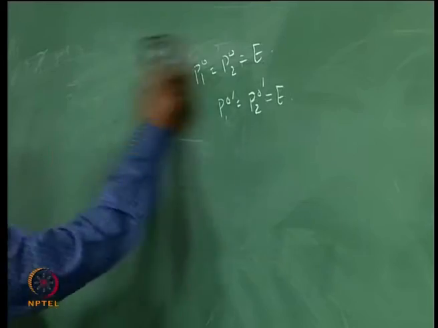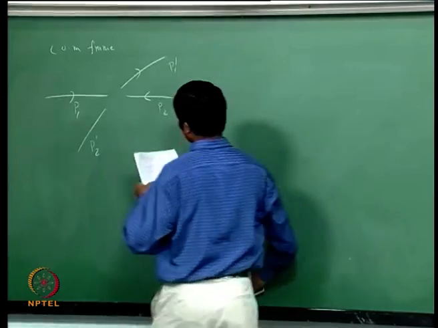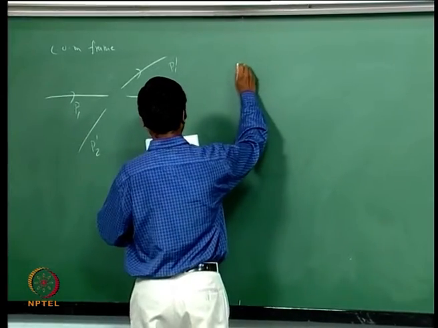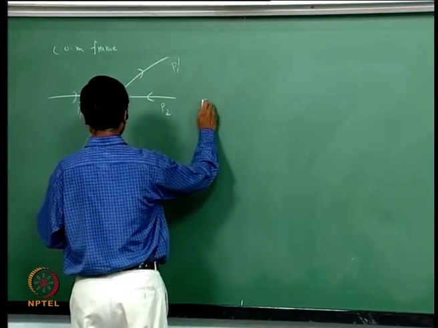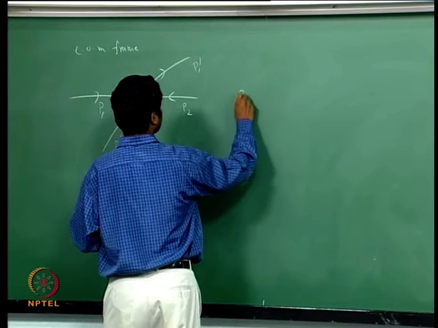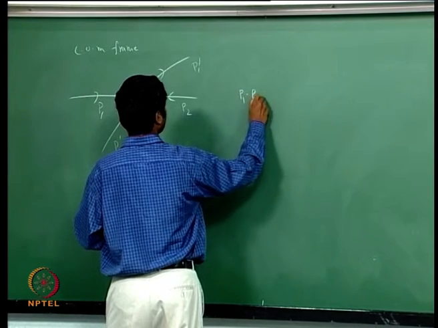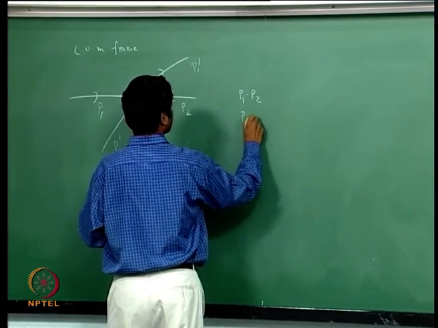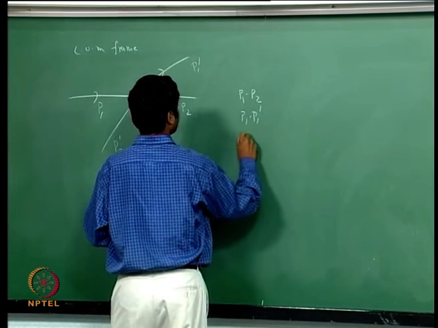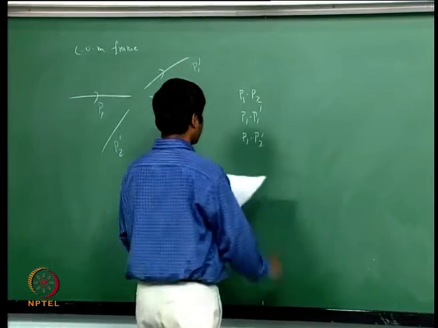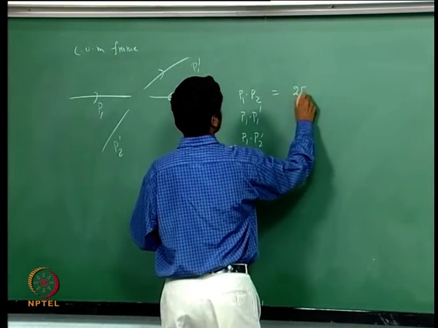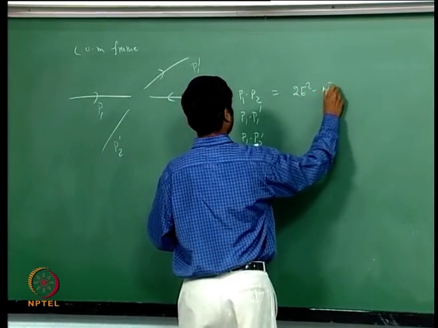Now, what we need to do is evaluate P1 dot P2, P1 dot P1 prime, P1 dot P2 prime. What I claim is that P1 dot P2 is equal to twice E square minus m square.